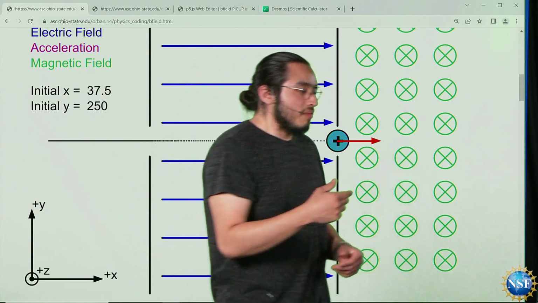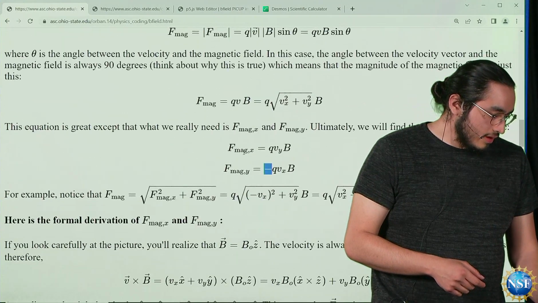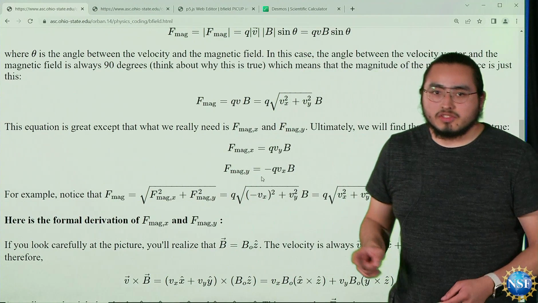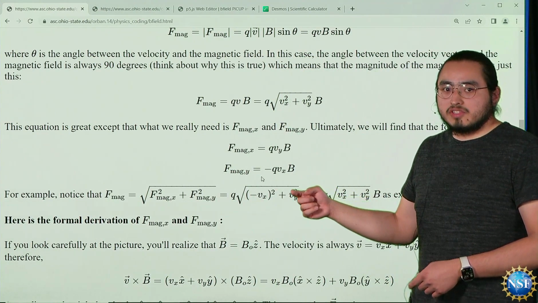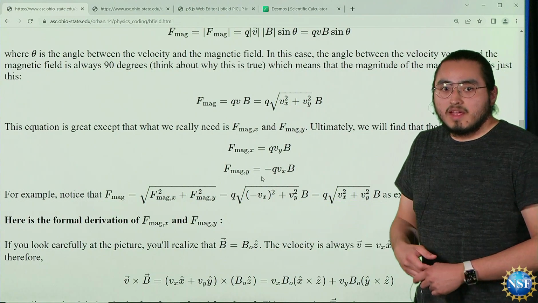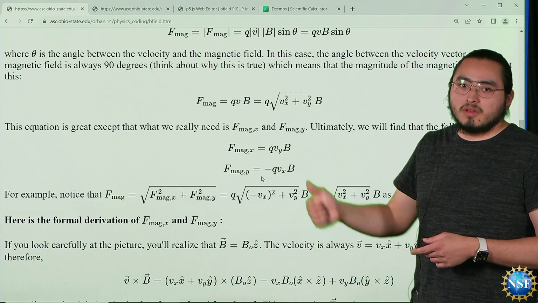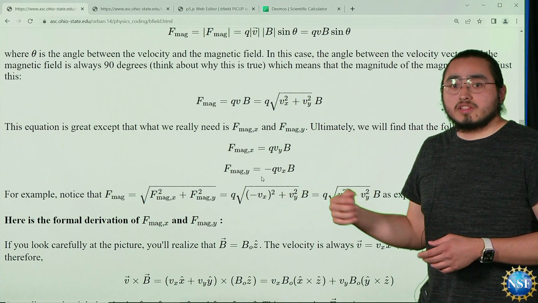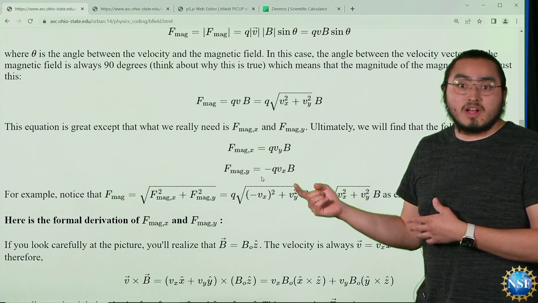If we go back down to our formula and look at the force in the y direction, let's ignore this negative sign for now. Let's just say it's QVxB. Given our right hand rule, we're expecting it goes up, meaning it's a positive value. So let's ignore this minus sign and plug in whether they're positive or negative.